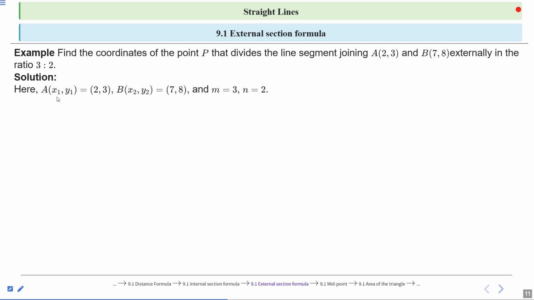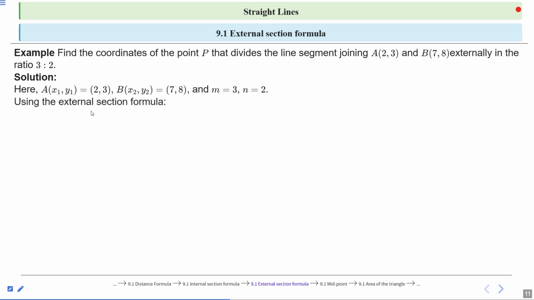Okay, so that means the point A(x1, y1) is (2, 3) and the point B(x2, y2) is (7, 8), given to us, and m is equal to 3 and n equal to 2.